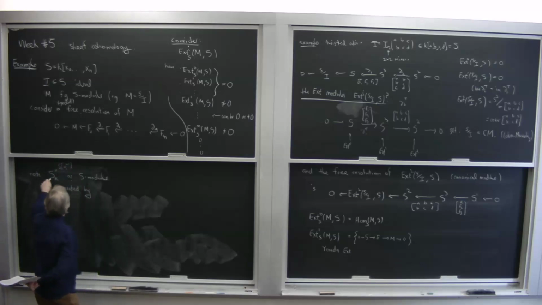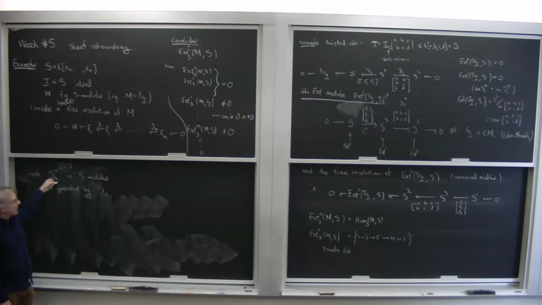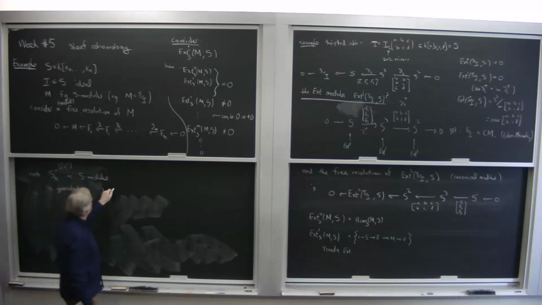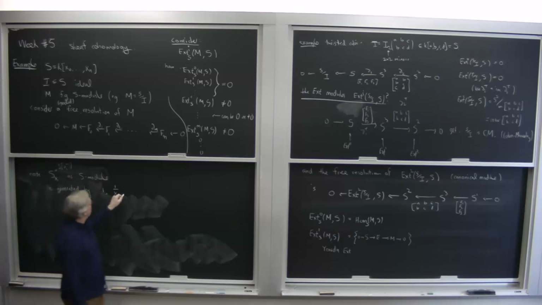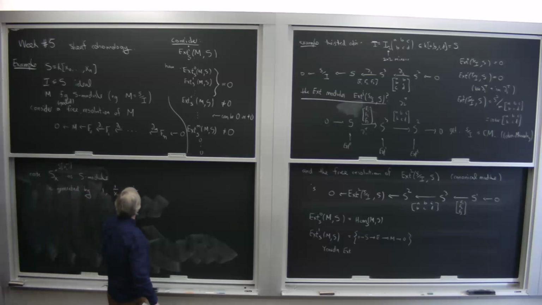Well, as an S module, there's the element 1 in here, certainly. And that gives me any element that's actually in S without having divided by that. Or I could divide by X1, and then I get everything that has a denominator of X1 times anything. Or I can divide by X1 squared, and so on and so forth.